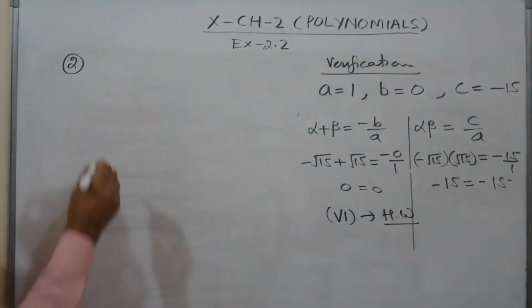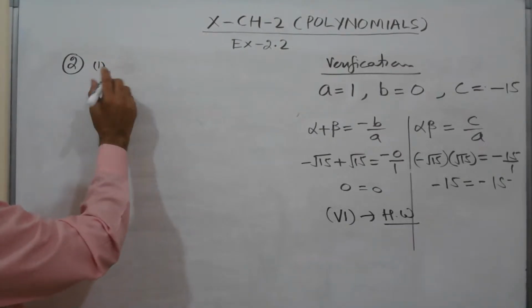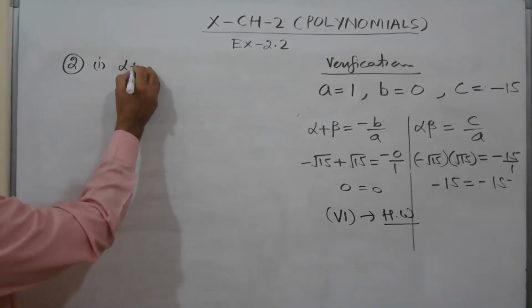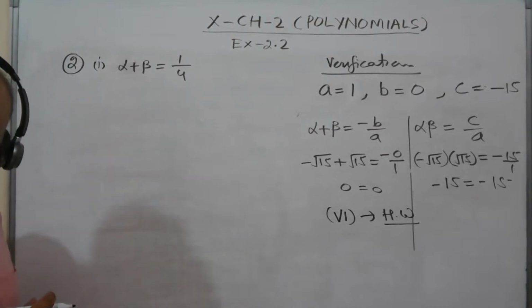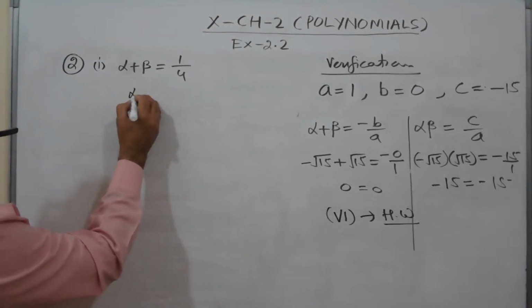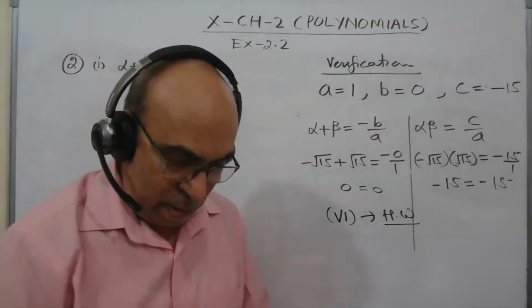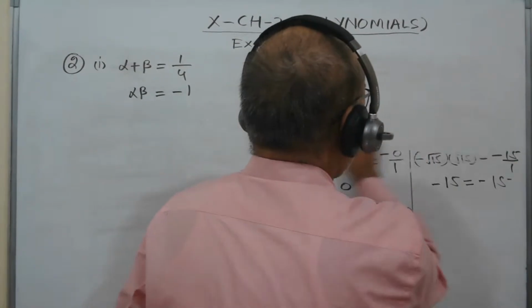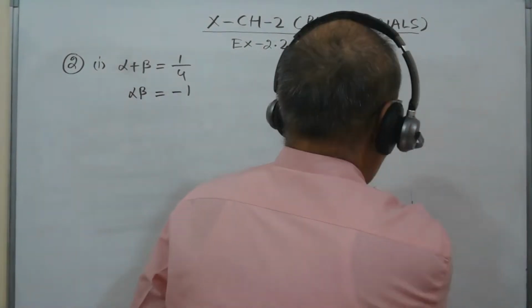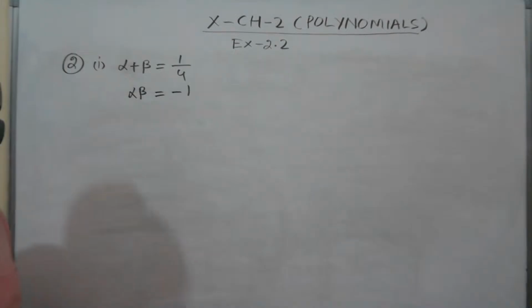So here, the sum of zeros in the first bit is 1 by 4. I will write the sum of zeros, alpha plus beta, is 1 by 4. And the product of zeros, alpha beta, is minus 1, it is given. So now, polynomial.